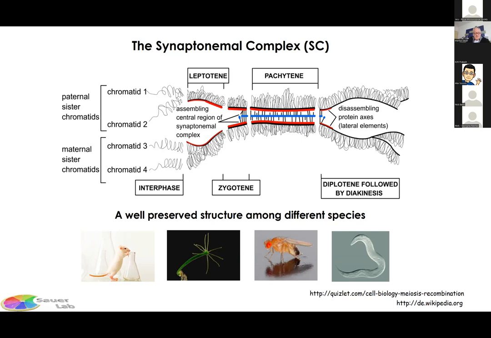It tethers the chromosomes of father and mother together during meiosis. It forms a ladder-like structure, stays in this structure for a few hours during meiosis, and then disassembles again. We have lateral filaments, a central filament in blue in the middle, and some transversal filaments holding the whole complex together.